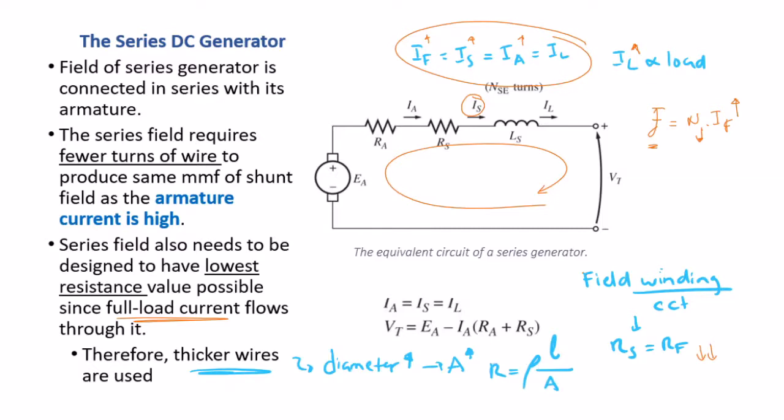So as the cross-section area is higher, the resistance will be lower. This is how we achieve having the resistance of the wire as low as possible, by using wires that are thicker than the ones we normally use for the shunt DC generator.